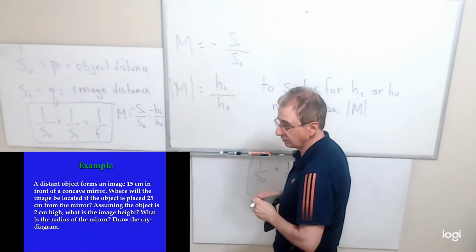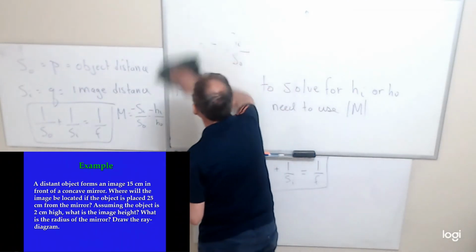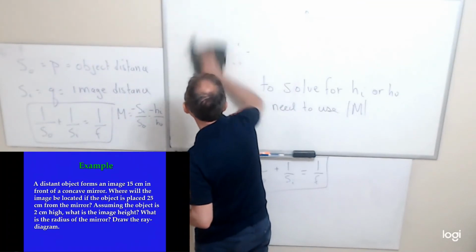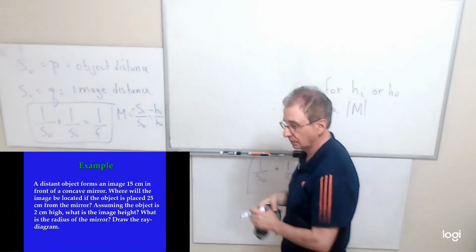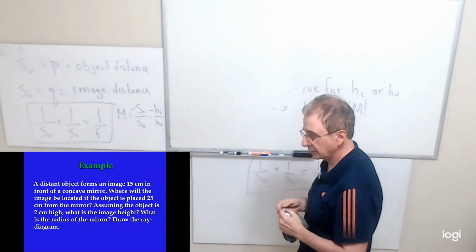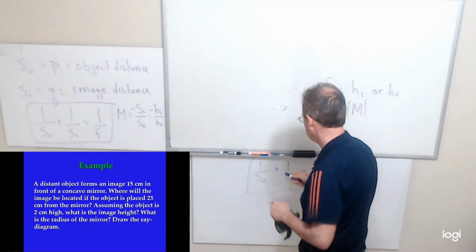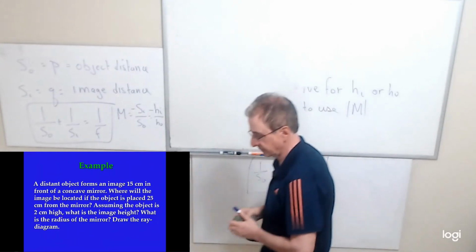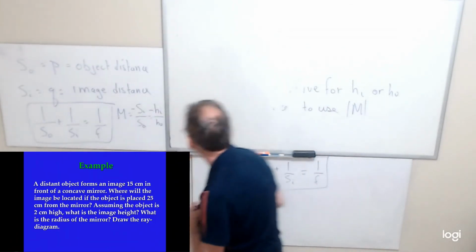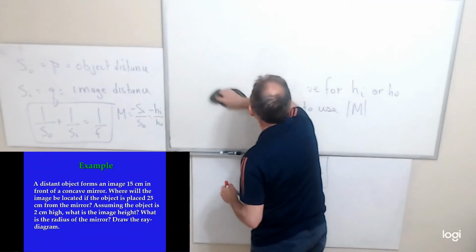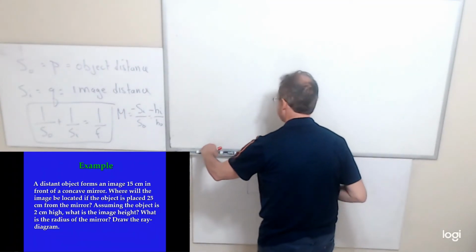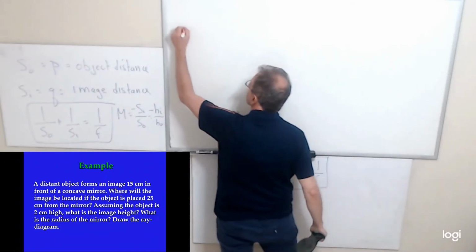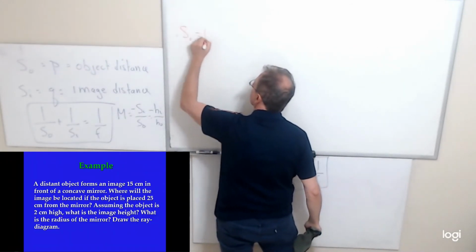All right, so what are we given? In the problem, we're given the image distance. So we're given S sub I equals 15 centimeters.